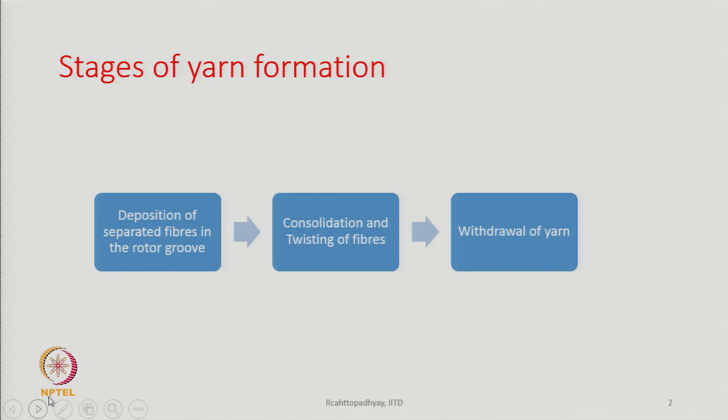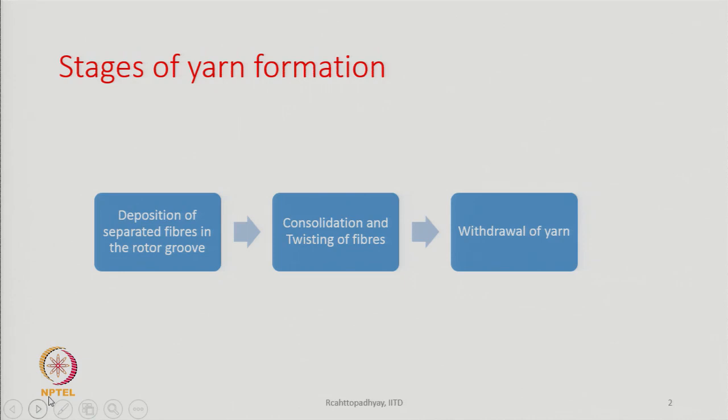So, we have already discussed that once this fiber is fed, there is an opening roller which will separate the fibers and then feed them into the rotor. So, separated fibers are actually landing on the wall of the rotor, and from there they move towards the rotor groove.